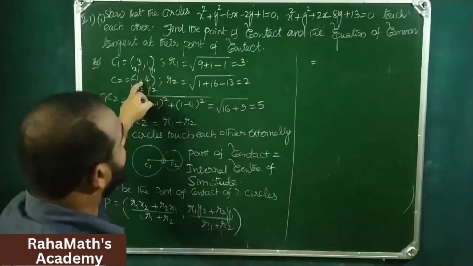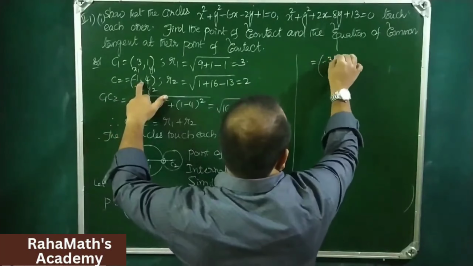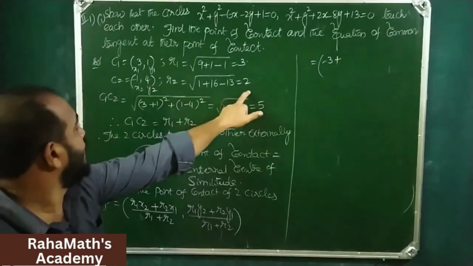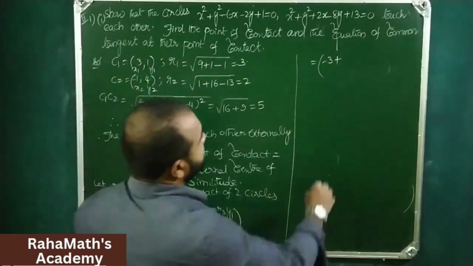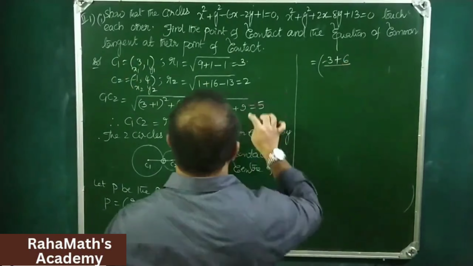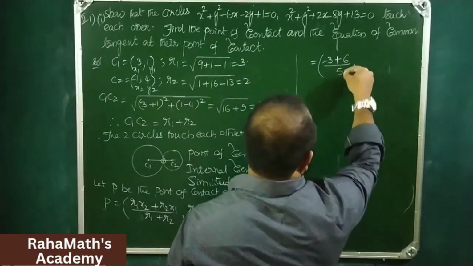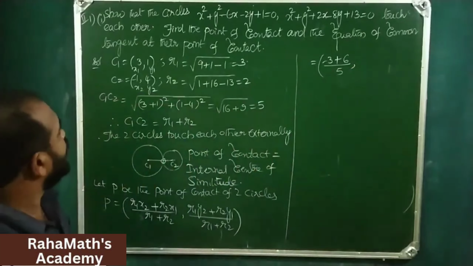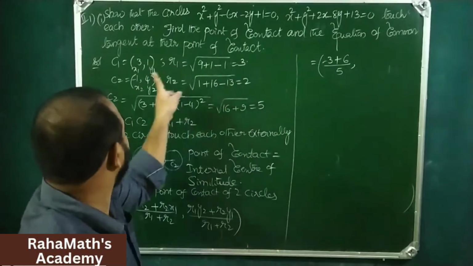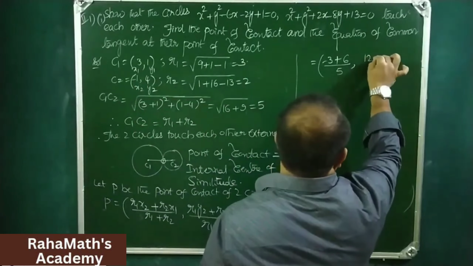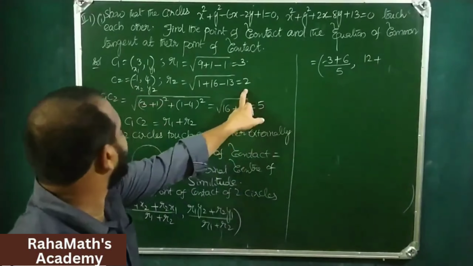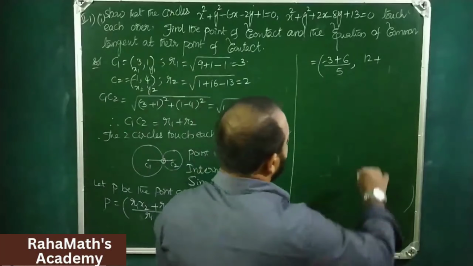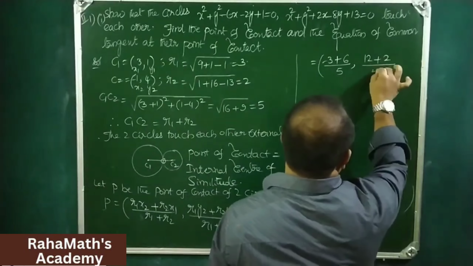R1x2: 3 into minus 1, minus 3, plus R2x1: 2 into 3, 6, by R1 plus R2, 3 plus 2, 5. R1y2: 3 into 4, 12, plus R2y1: 2 into 1, 2, by R1 plus R2, 5.